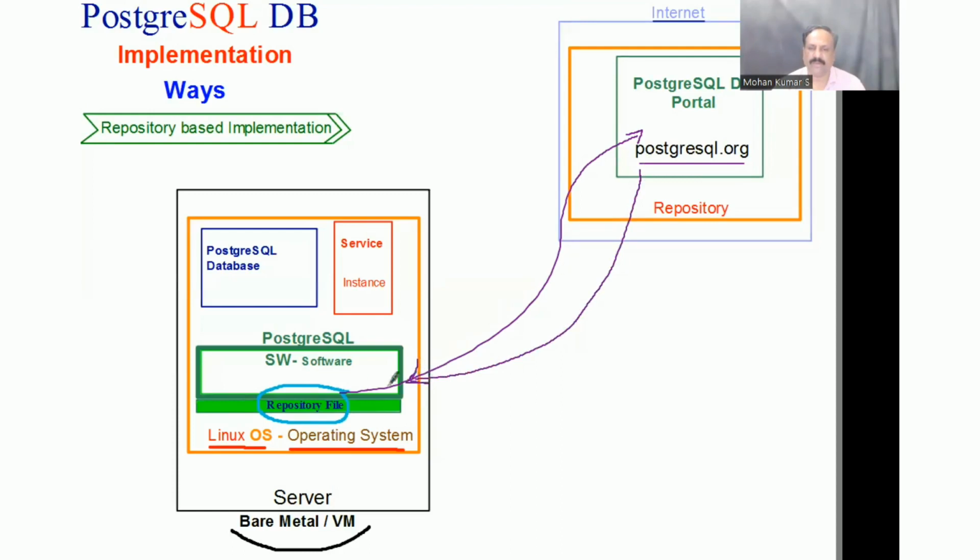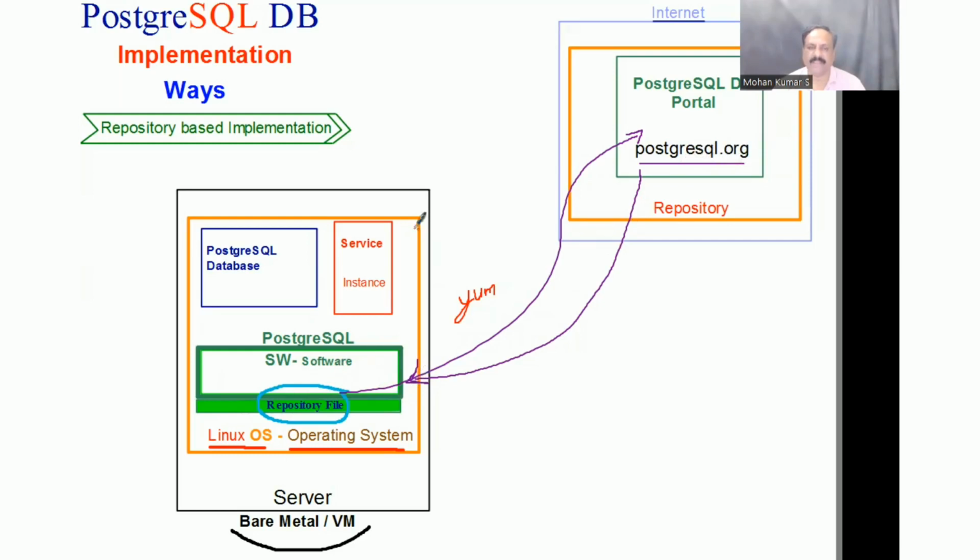The necessary information will be available there, and here we are going to use the yum utility to install the packages. What is the advantage here is that whichever dependent packages are required by PostgreSQL will be installed along with the software that you ask for.